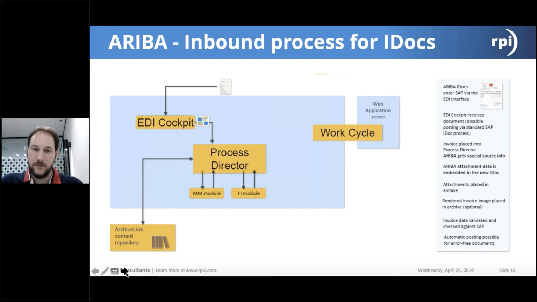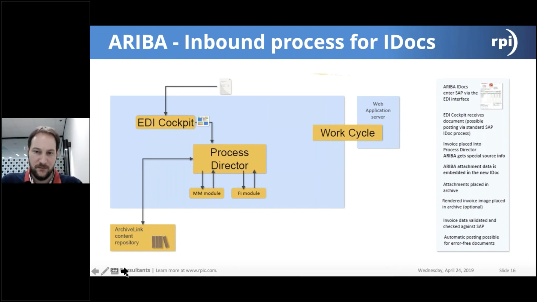Also, we are now able to store the image that Ariba created, or any supporting documents that arrived from Ariba. We are able to store that in our Link content repository, and we are able to connect those Ariba documents with the PDAP documents that are created based on Ariba data.